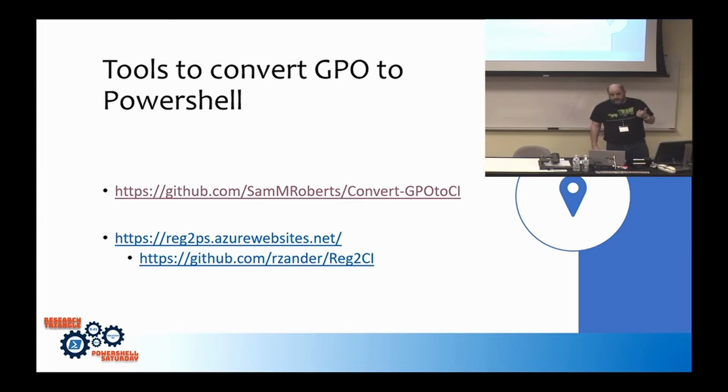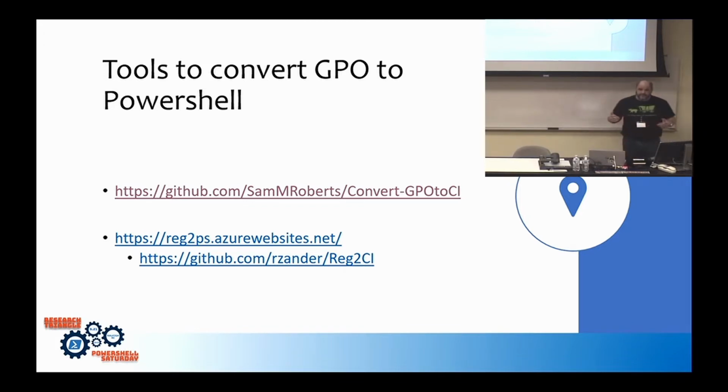The other one that's a nice one, if you're looking at something very specific, is one of the MVPs for SCCM wrote this Reg to CI tool. He has both an online version where you can go into a website, just paste the content of a registry file, and it will automatically write the PowerShell script for you to do both a discovery check to see if it's set correctly, and also to do a remediation step if you want to set the item there.